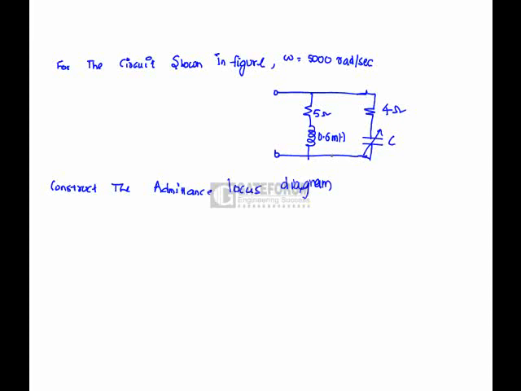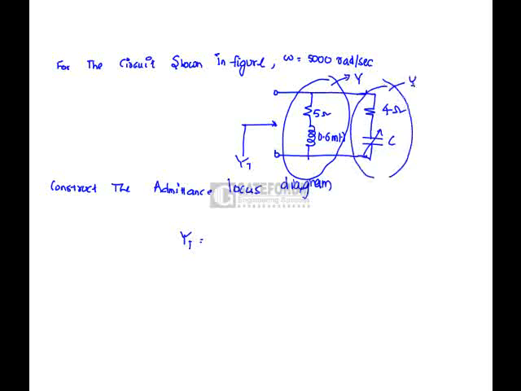As shown in figure, given ω as 5000 radians per second, construct the admittance locus diagram. So if we look into this one, the total admittance is nothing but the admittance of this branch is Y1, admittance of this branch is Y2. So Yt is nothing but Y1 plus Y2, which is 0.417 − j0.0188 plus 1 by 4 − jXc.